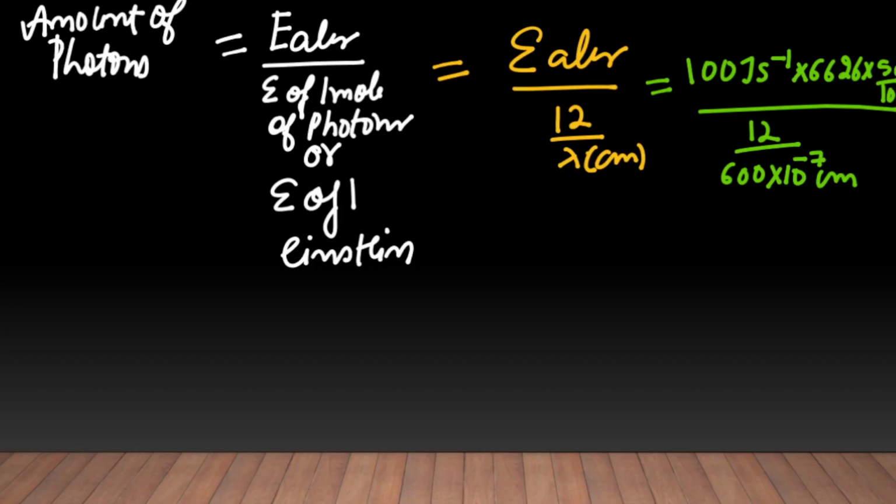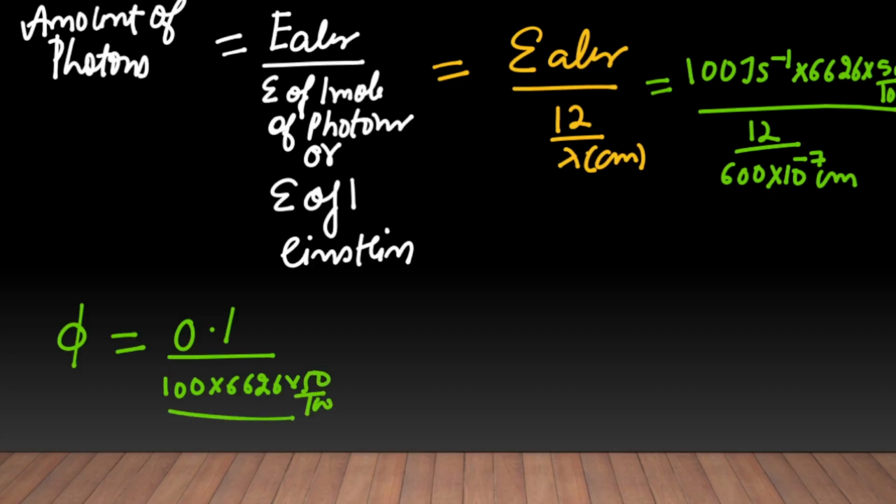Okay, so the ratio, the quantum yield, will be 0.1 upon this energy absorbed, which is 100 into 6626 into 50 upon 100, upon 12 upon the wavelength, which is 600 into 10 to the power of minus 7.